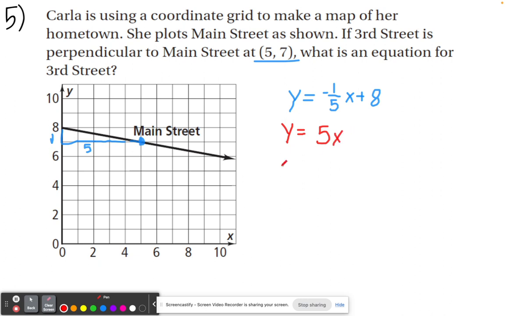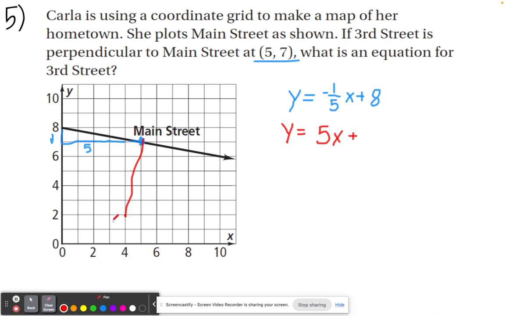And I still need to come up with my y-intercept. I don't know what that is. Let's see if we can figure it out just by graphing. Well, if my slope here is 5, we go down 1, 2, 3, 4, 5, and over 1. Well, you see where my problem is. It will go like this. It's a very nice line I could make if I could draw straight.